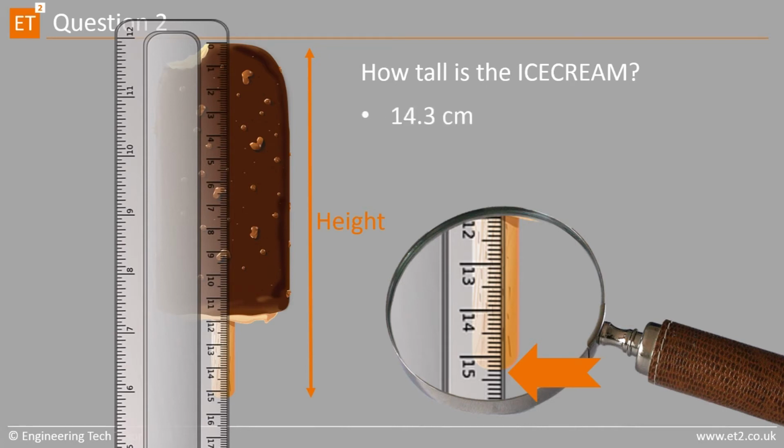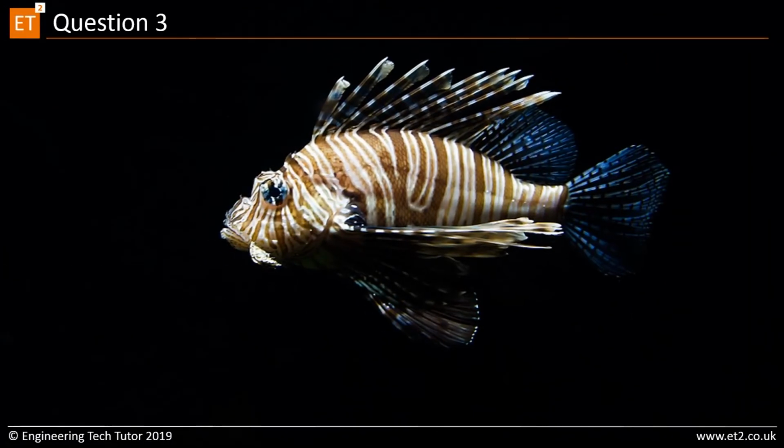Is it 14.3 centimetres, 15.5 centimetres, or 15.3 centimetres? How tall do you measure the ice cream to be? That's right, 15.3 centimetres. Well done if you got that right.